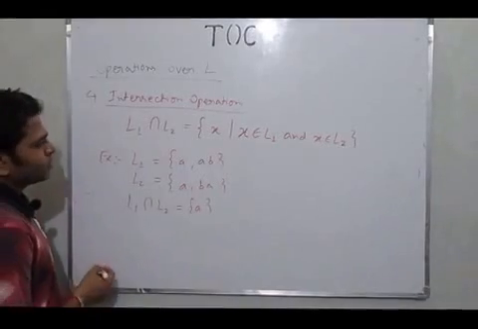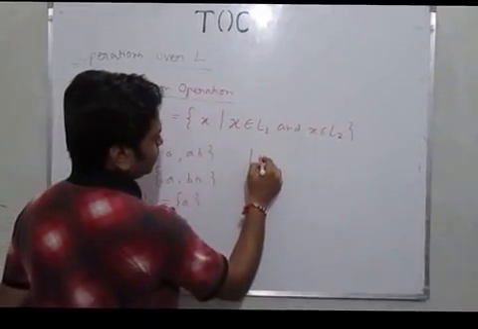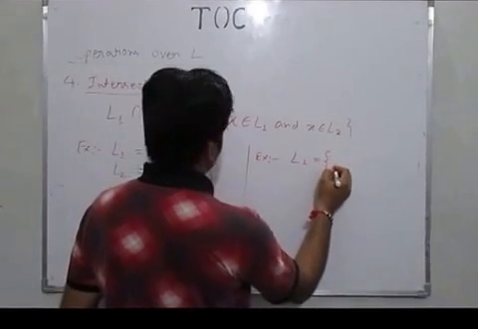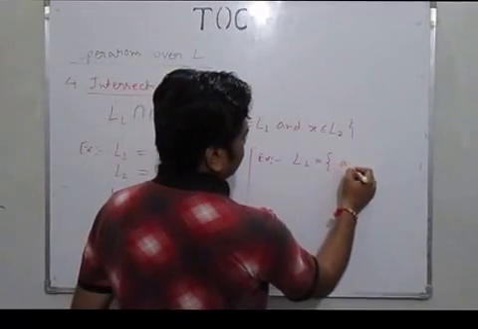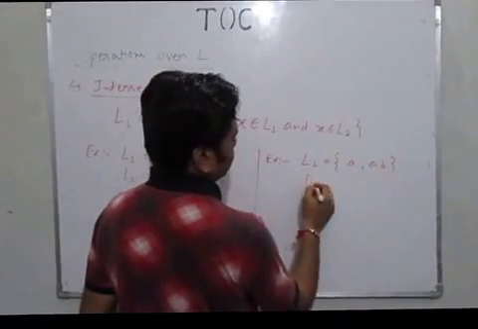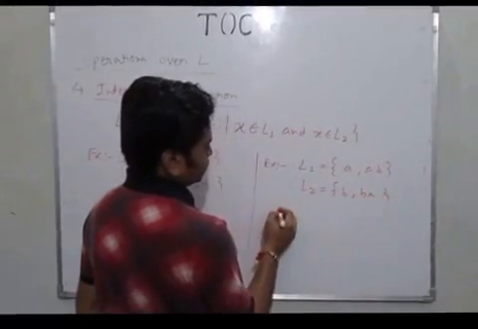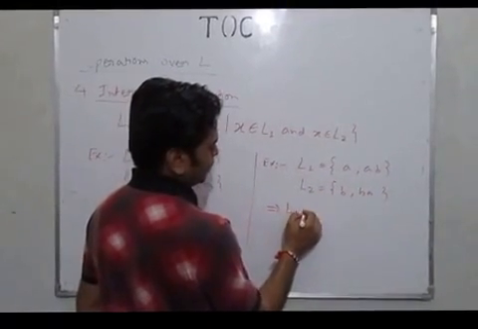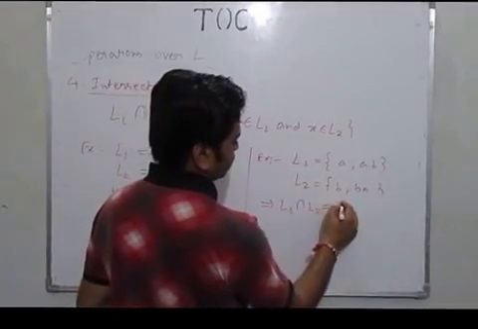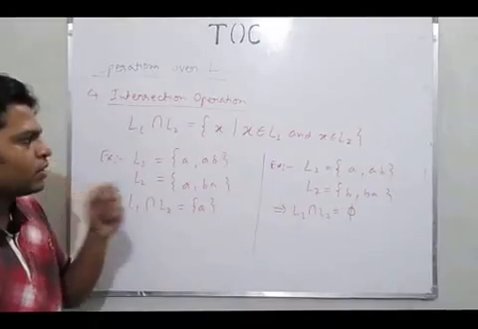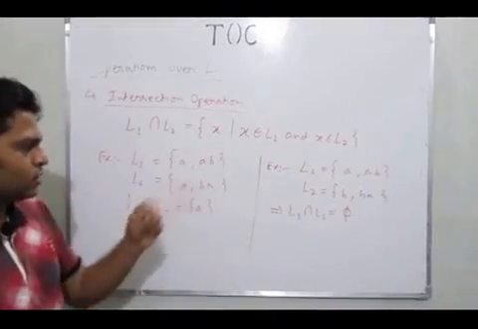And suppose I have another example, something like this, that L1 is A, AB, and L2 is B, BA. So this implies L1 intersection L2 would result in phi, because nothing is common in these two languages.